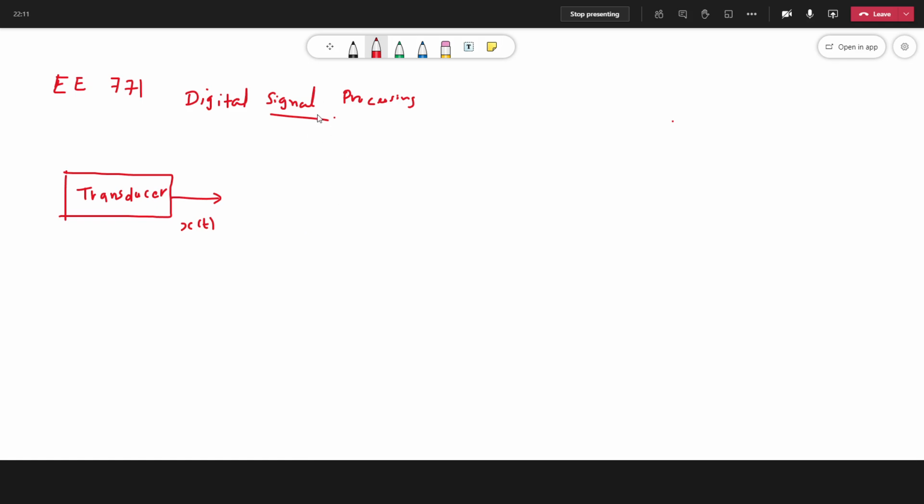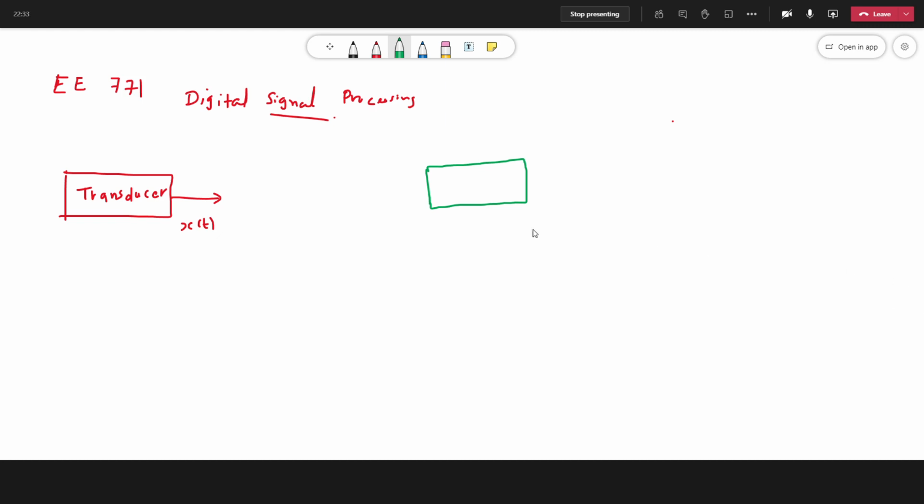Now I want to convert it into discrete time. So as we have discussed, I need to sample, I need to collect the information of the signal at various instants of time.